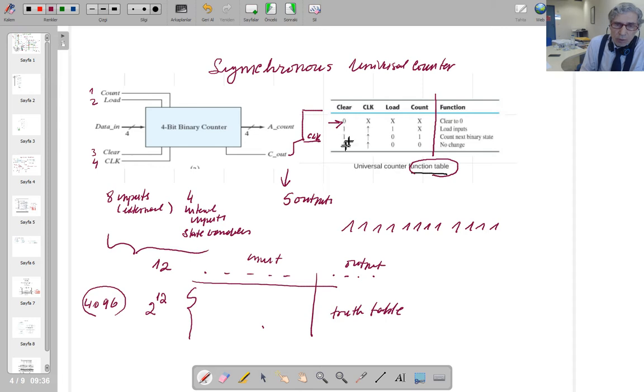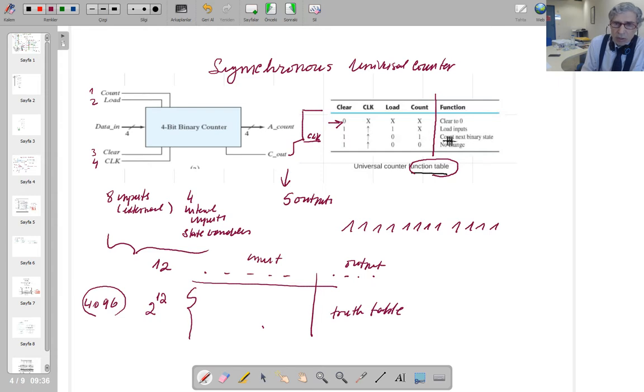When the clear is 1, there are 3 cases. When load is 1, count is not important. When load is 1, when the clock comes, it does the loading. That means the 4-bit data comes to the output of your counter on the positive edge of the clock pulse. Still clear is 1, and load is 0, and count is 1.